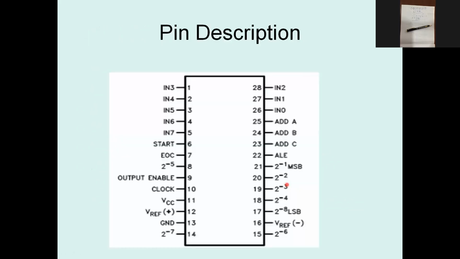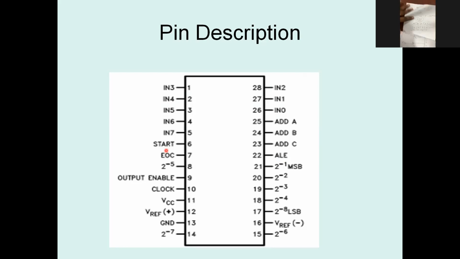Already you know what the functions of the start bit, EOC, OE are. All of you know, no? ALE. Can you recall this from 8086? No one? Start of conversion, I give this kind of signal. You cannot recall?